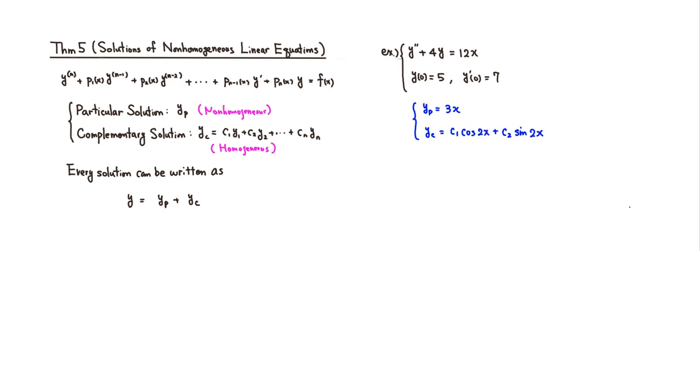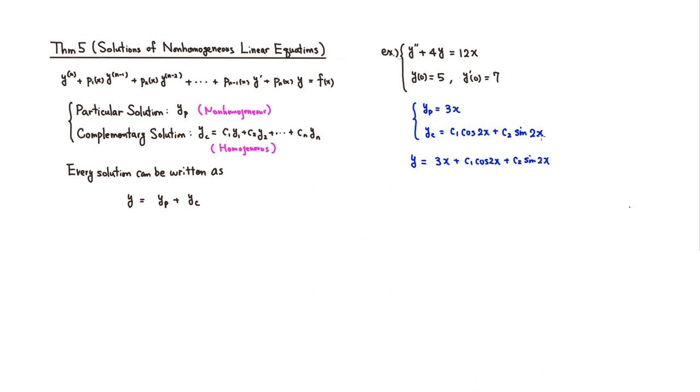Therefore, every solution y can be written as the sum of these two: 3x plus c1 cosine of 2x plus c2 sine of 2x.